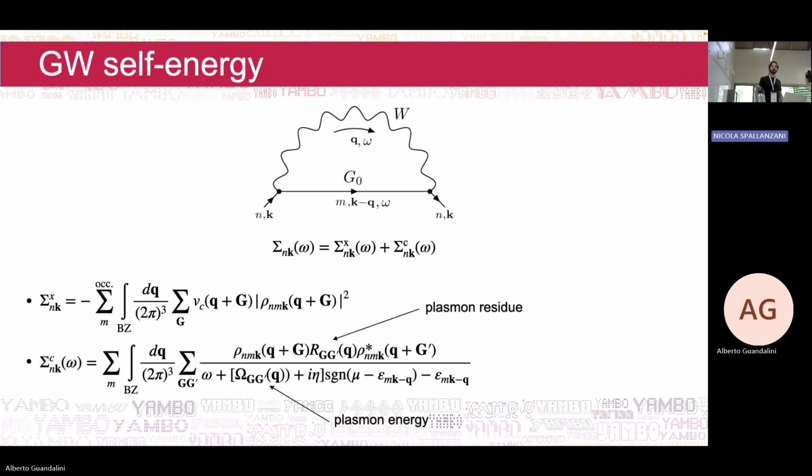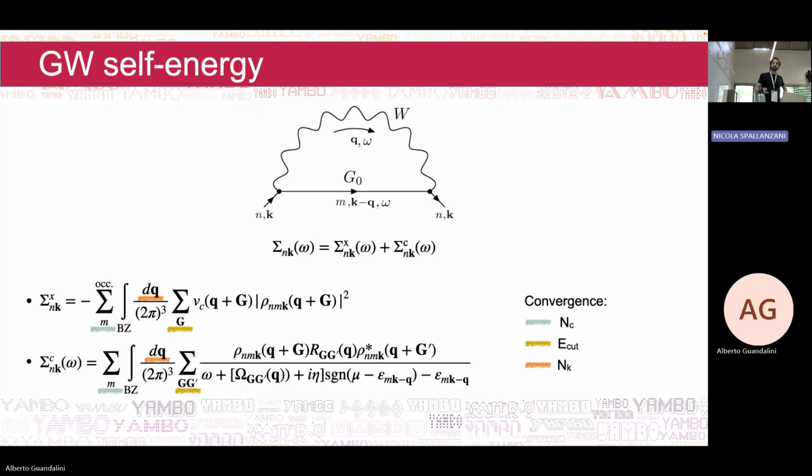It can be seen here that, of course, the correlation part of the self-energy depends on this plasmon residue and plasmon energy, that there are these matrix elements to change from one Hilbert space to the other, also here. And that again, we need to sum over a finite number of plane waves that must be converged.